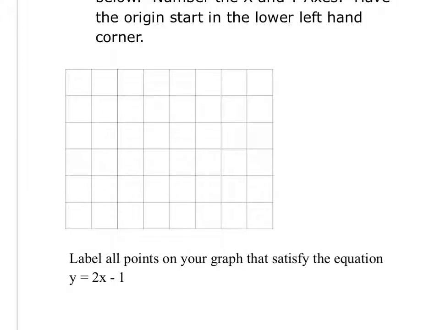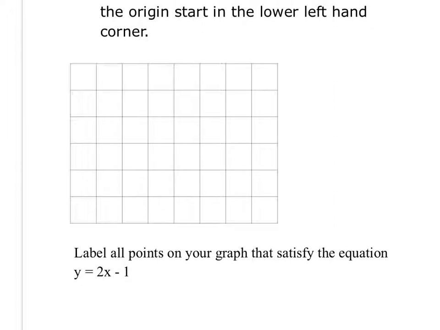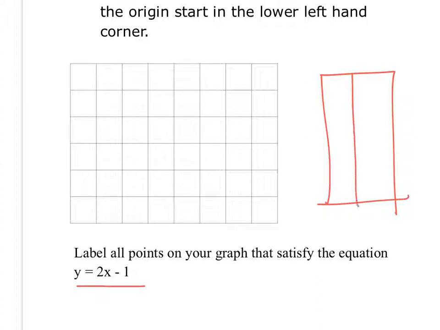So in this one, we're going to put in the points for y equals 2x minus 1. Just use whole numbers. And so you can think of it this way. My x and my y.